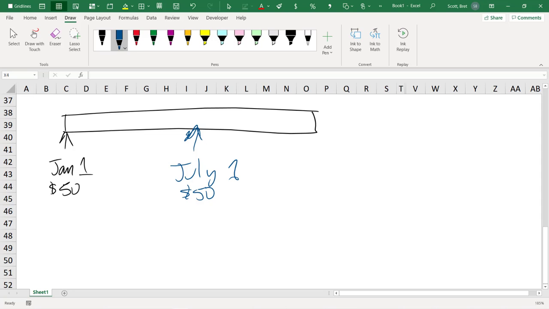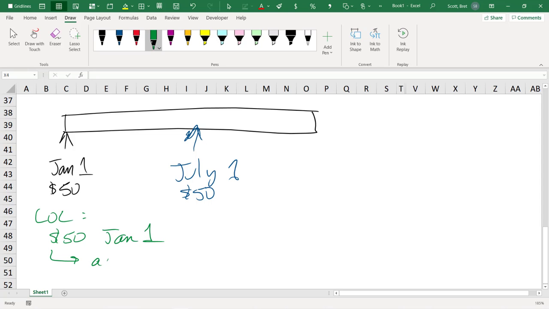Now, let's talk about line of credit first. A line of credit would say that when you borrow the 50 on January 1st, interest will start being charged immediately on that.